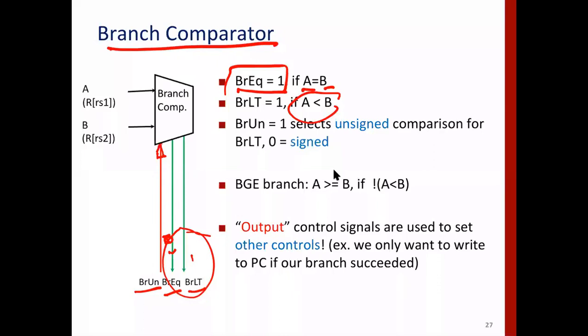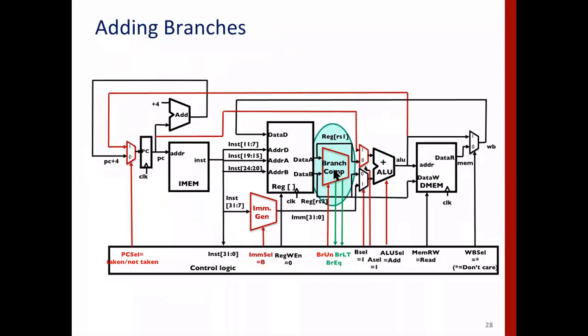Otherwise, there's no way to manage this. So these signals will go to the control unit. We have added this extra piece of hardware, and because of that we need to add some multiplexers. You can see there are multiplexers now, and the output of the control unit is coming here as the control signal.